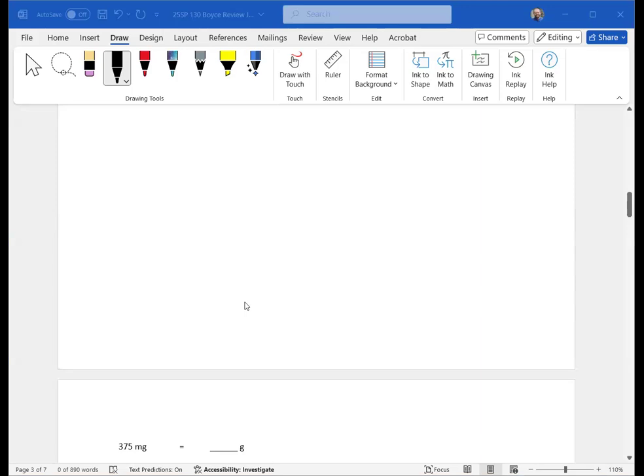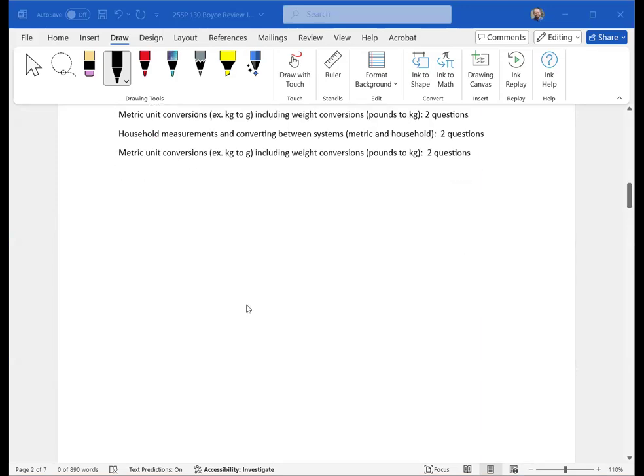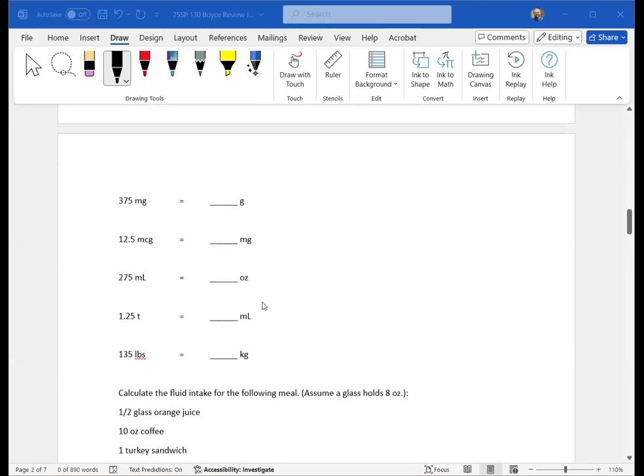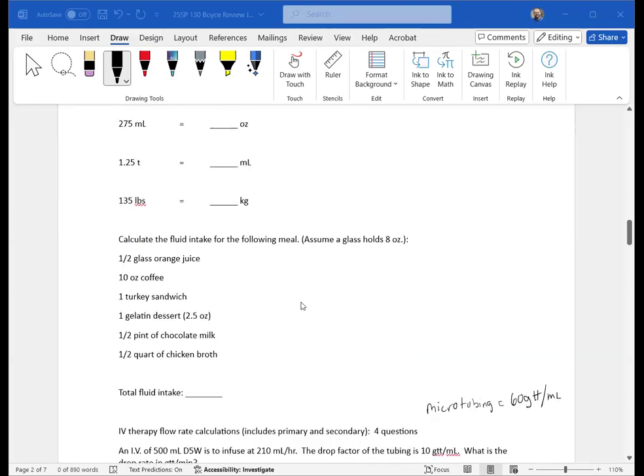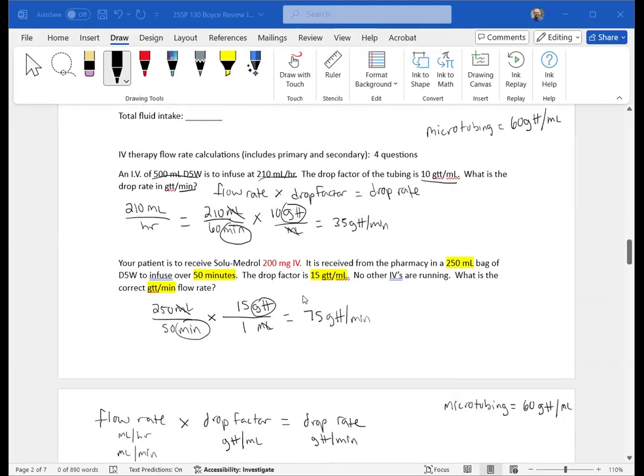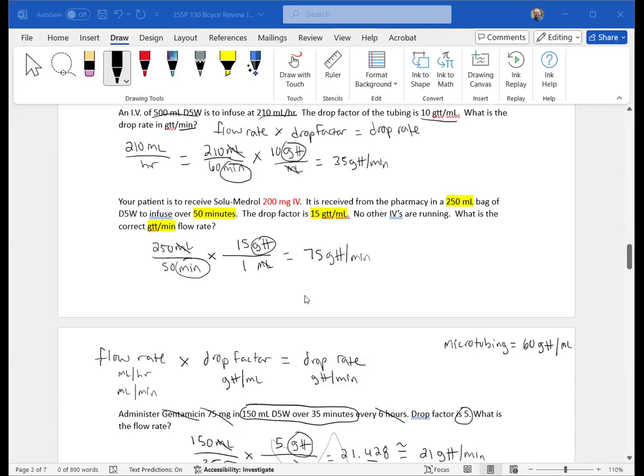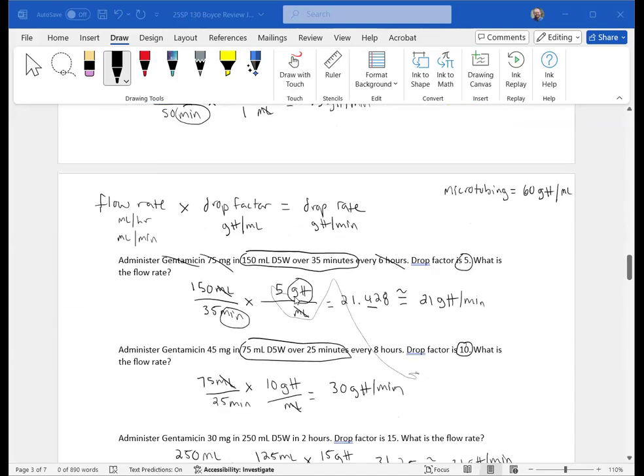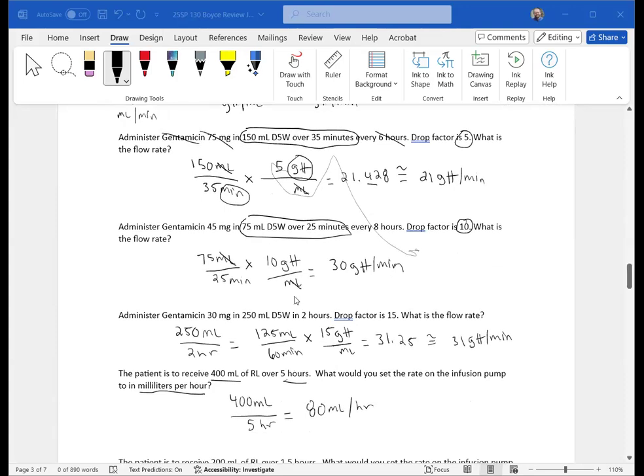All right. So I didn't number any of these, but you can see there's plenty of practice type questions through here. Like I said, the biggest thing is the flow rate type questions, and you're really only going to get good at it by practicing it. So just make sure you're practicing those as you're going through.